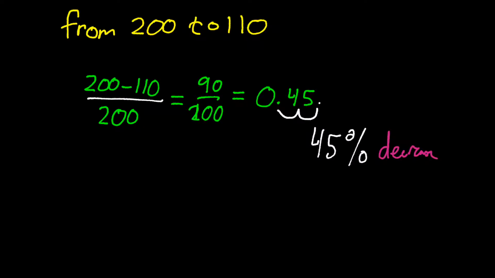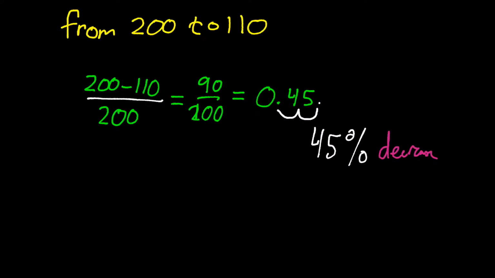And there we go. Now, this is how we handle it if we're given both of our numbers, our starting number and our ending number, and we are asked to find the percent increase or decrease. But what if they give us the percent increase or decrease, and, well, they want to know one of the other numbers?